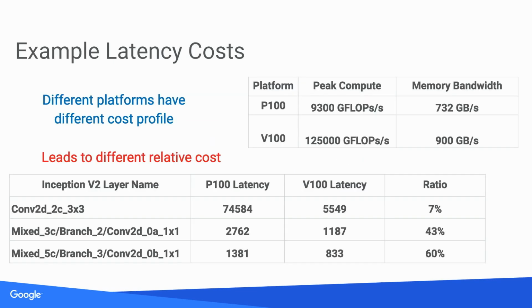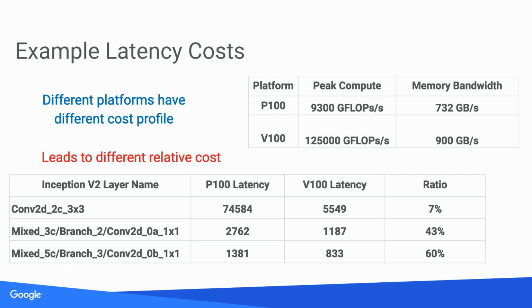This is just an illustration of how different this could be on some state-of-the-art GPUs, maybe the more advanced ones. You can see that the ratio between the peak compute and the memory bandwidth of the P100 GPU and the V100 GPU is drastically different. If you look at specific layers, this is Inception V2, you can see that the V100 is a faster GPU. So obviously, the ratio between the latency of the V100 and the P100 is always smaller than 1.